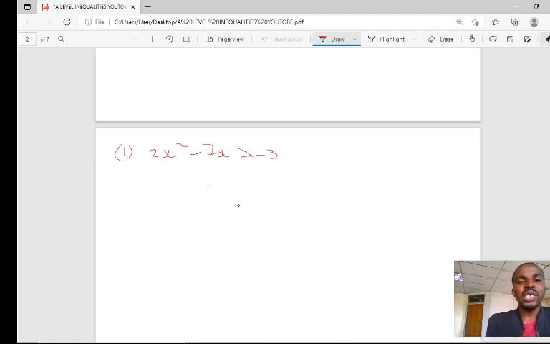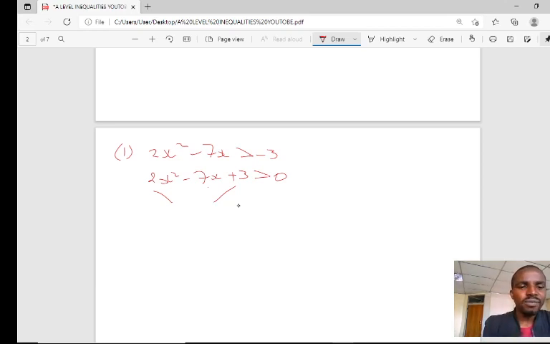Right, so let's collect. This one is minus 3. You can put it on the left side, so it will be 2x squared minus 7x plus 3 is greater than 0. Then after that, what are you supposed to do? You factorize this side. You multiply 2x squared times plus 3.